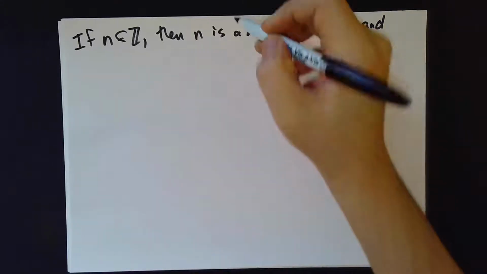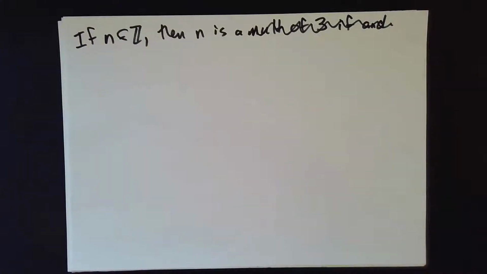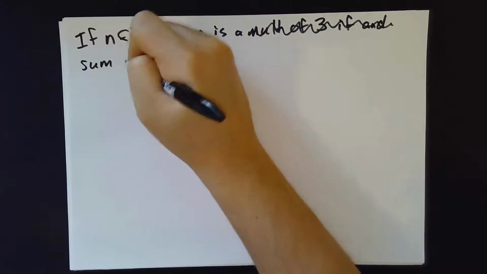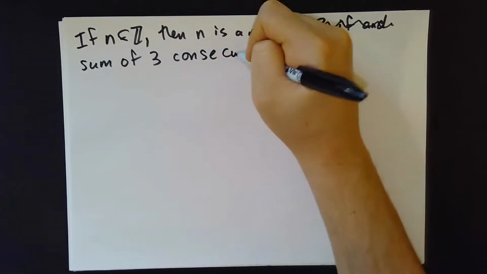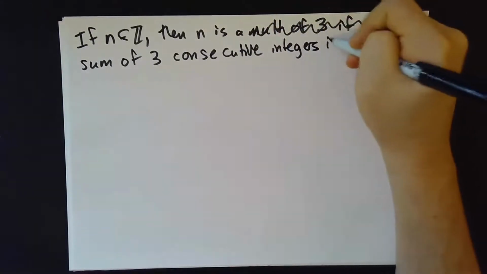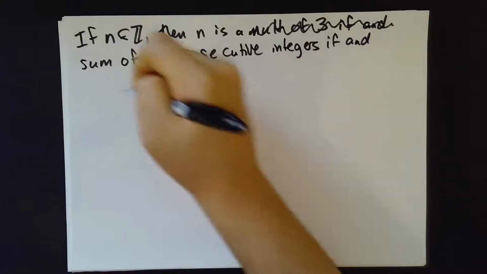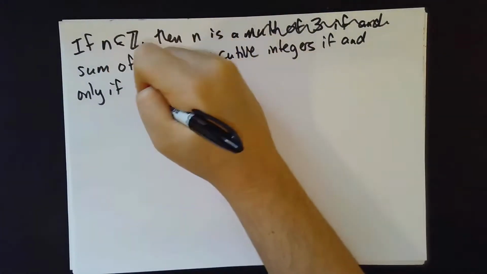Sorry. I'm just going to write it in the same direction so that our arrows point the same direction. Then n is a sum of 3 consecutive integers if and only if n is a multiple of 3.